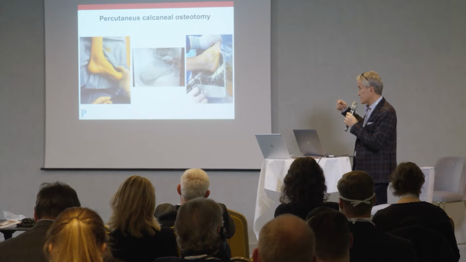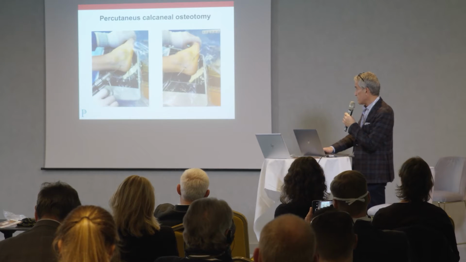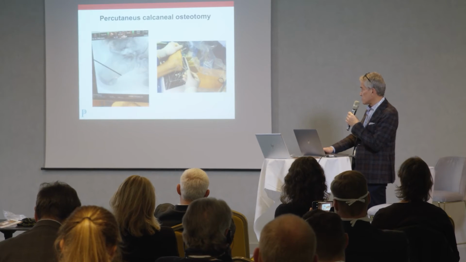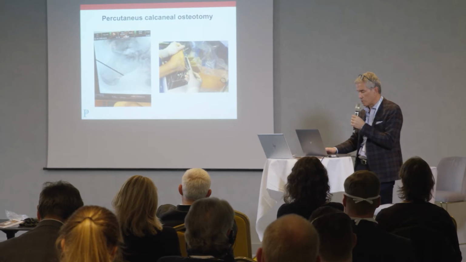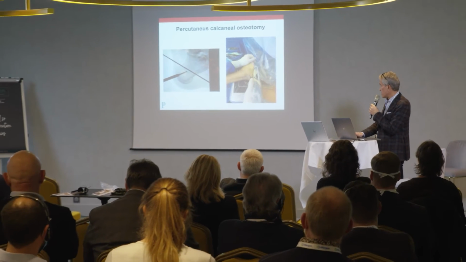This is very simple, very easy, and it permits not to have such a big surgery like the open Dwyer procedure. You can see here I just put the needle, a K-wire, just to see exactly the position of the section of the bone with the scalpel.